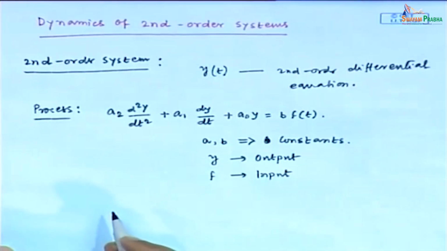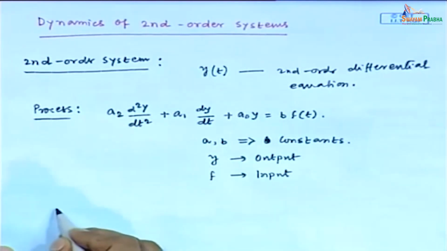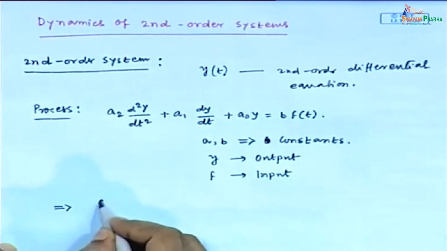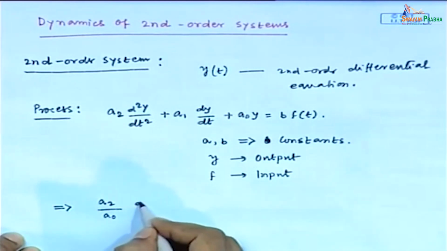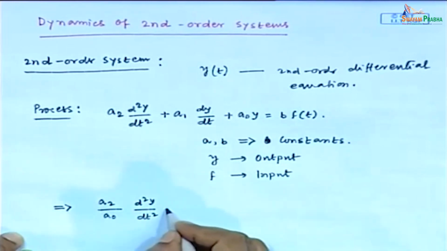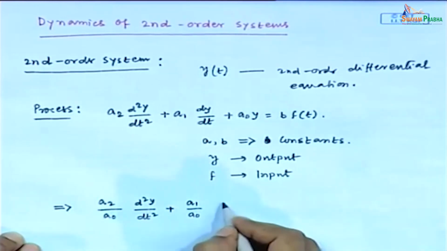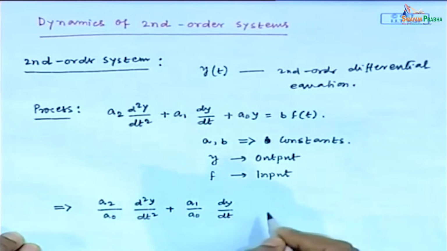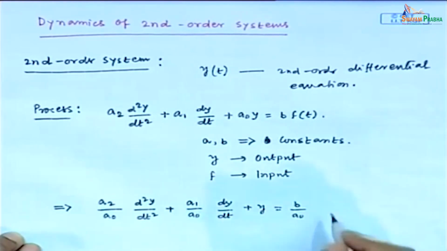Now, if we divide both sides of this equation by A naught, we get A2 divided by A naught d2y/dt square plus A1 divided by A naught dy/dt plus y equals b by A naught f(t).